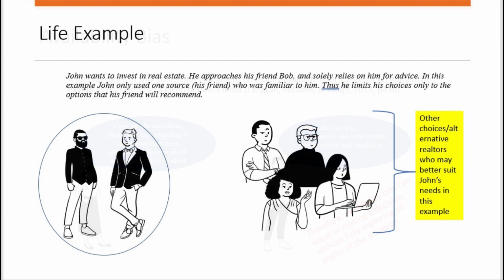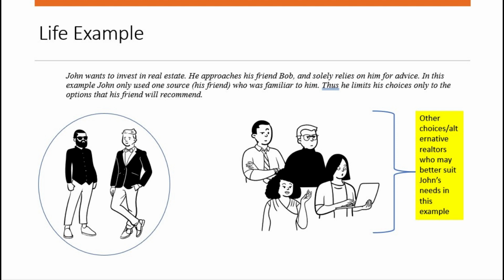In the next slides, I'm going to go through a couple of examples. The first one is more of a life example. John wants to invest in real estate. He approaches his friend Bob, who is a realtor agent, and solely relies on him for advice. In this example, John only used one source, his friend Bob, who was familiar to him.